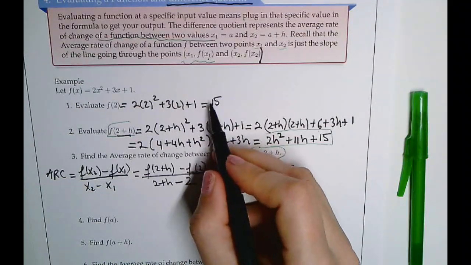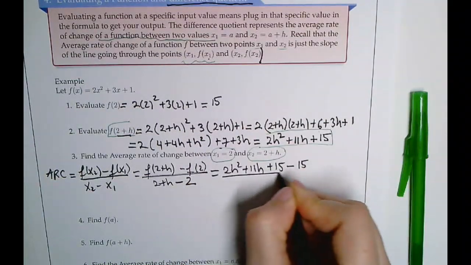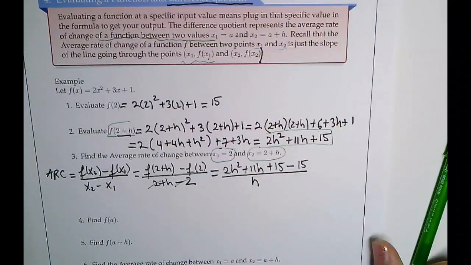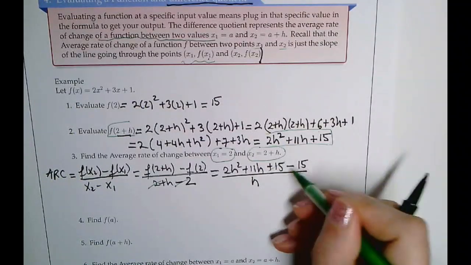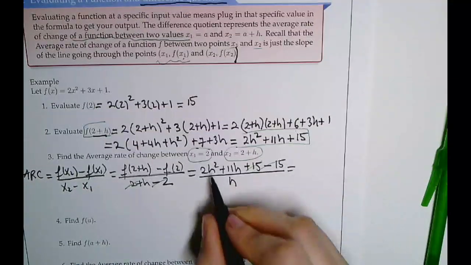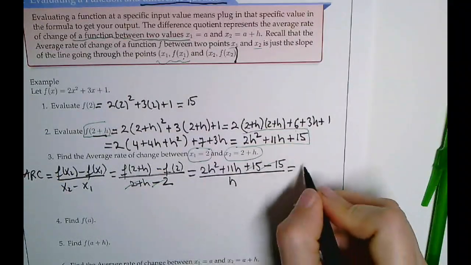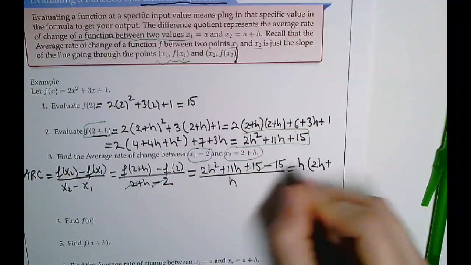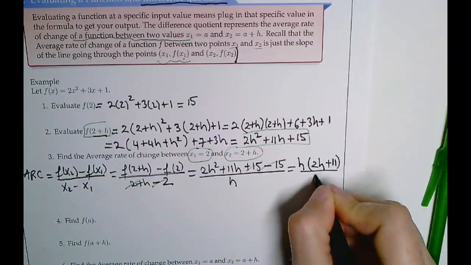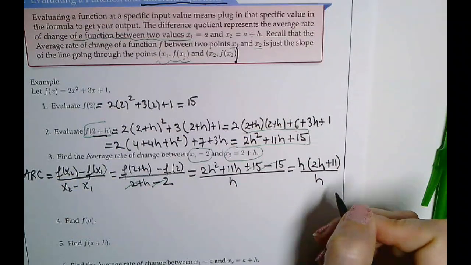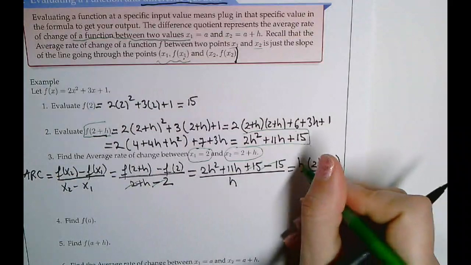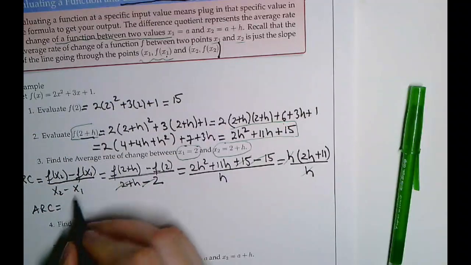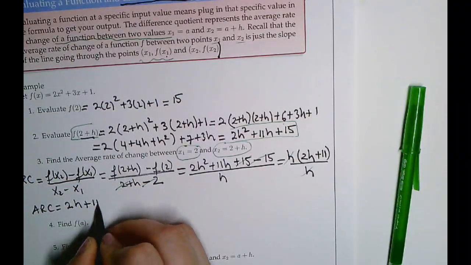Well, f of 2 was 15, over 2 minus 2 goes away, and over h. And then the plus 15, negative 15 goes away. And then I can factor out an h between these two. So if I factor out an h, I'll have left 2h plus 11 over h. So the average rate of change between those 2 points gave us 2h plus 11.